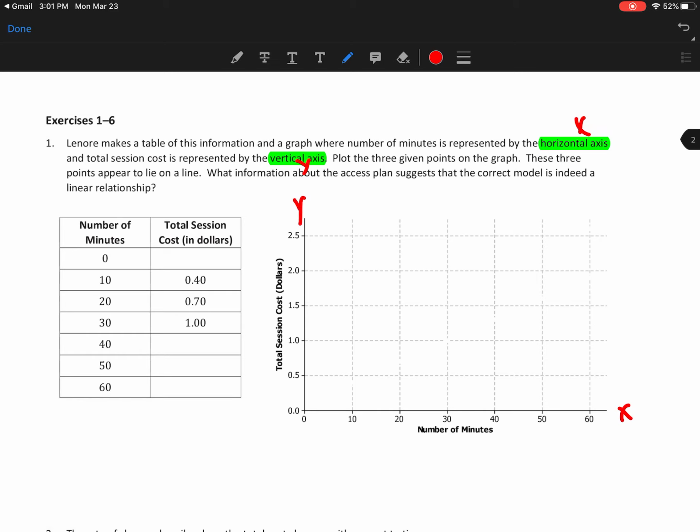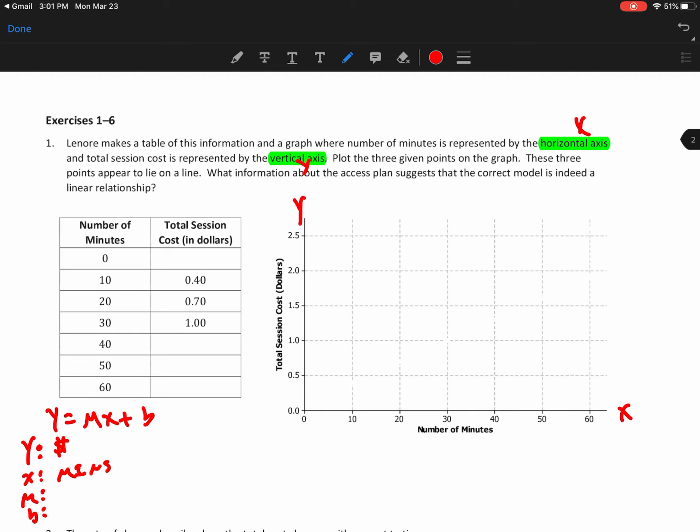So looking back at, and I'll just write it down here to make things easier, y is equal to mx plus b, and we know we need to identify what y represents, x represents, m represents, and b represents. Y is our cost, x is our number of minutes.